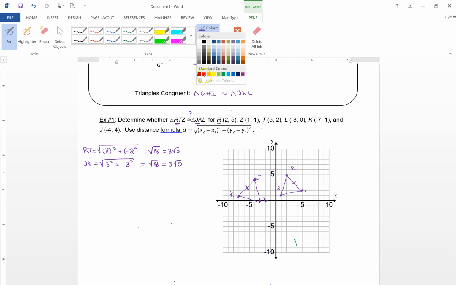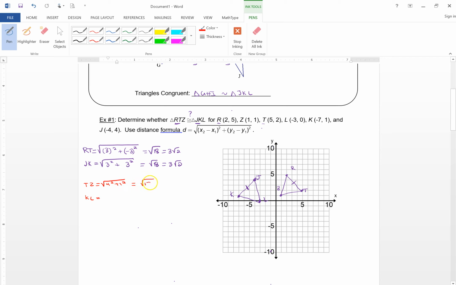Next, we're going to do the other two. TZ, and then I'm going to do KL. So this is going to be the square root of 4 squared plus 1 squared, which is equal to the square root of 17.